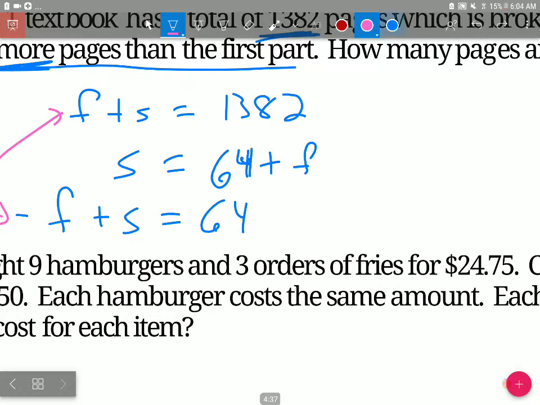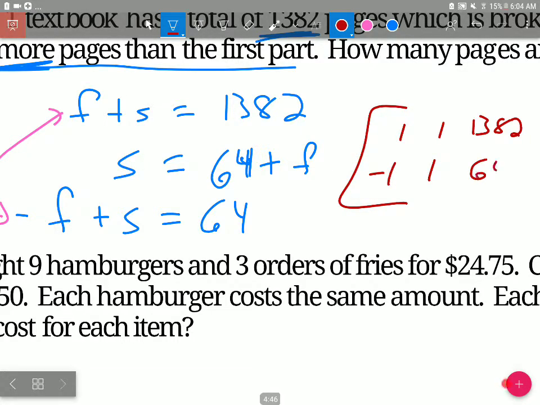So your matrix is 1, 1, 1382, and negative 1, 1, 64. I can do better than that.